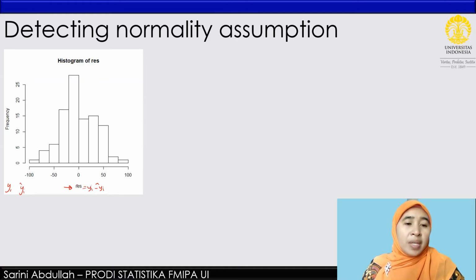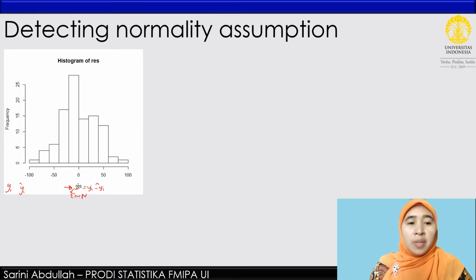Because we have the assumption that the errors are normally distributed and the error is approximated by the residual, it's reasonable to expect that the histogram of the residuals will resemble a normal distribution. So we expect that the histogram would be symmetric, concentrated around 0, and when the values deviate from 0, the frequency becomes smaller and smaller.